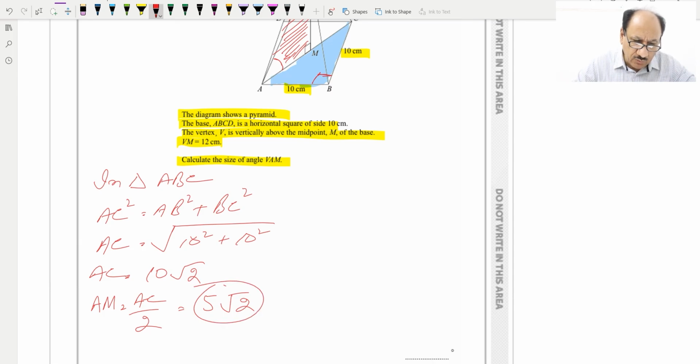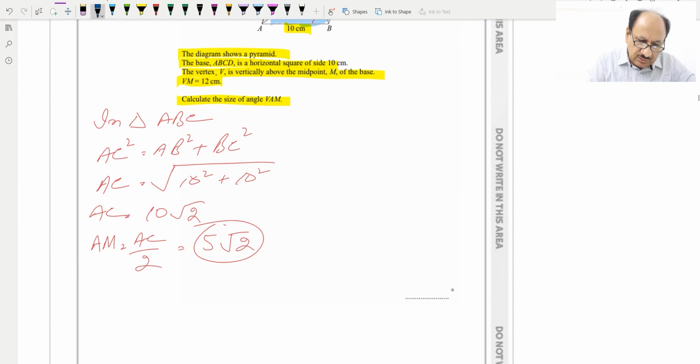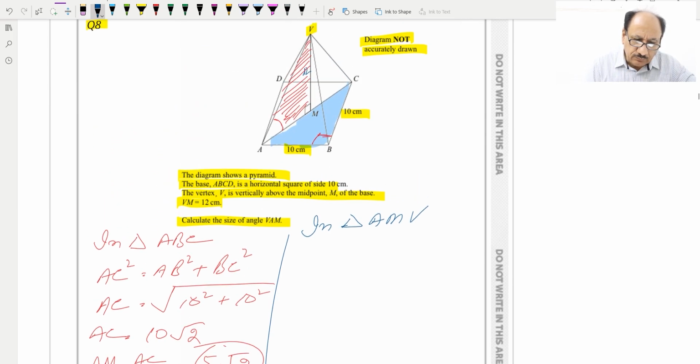We got the AM value. Now in triangle AMV, we have AM, and VM is opposite, and AM adjacent. So opposite over adjacent, we can write tan theta. So tan theta is equal to VM over AM, which is equal to 12 over 5 under root 2.